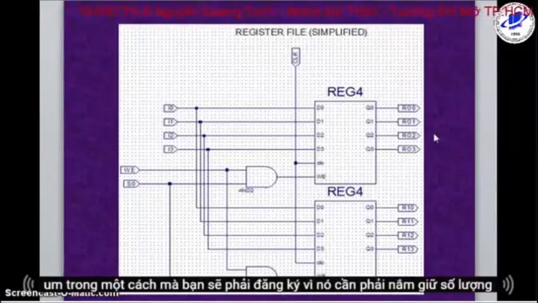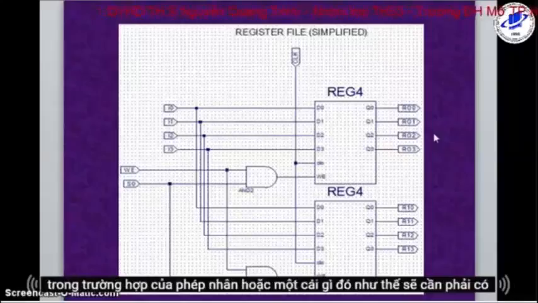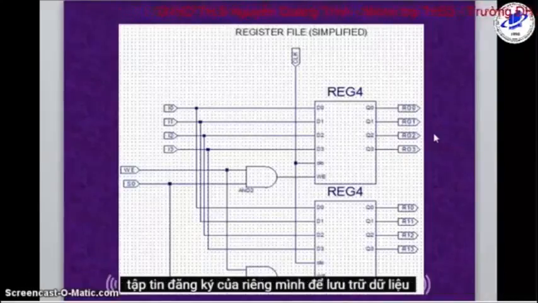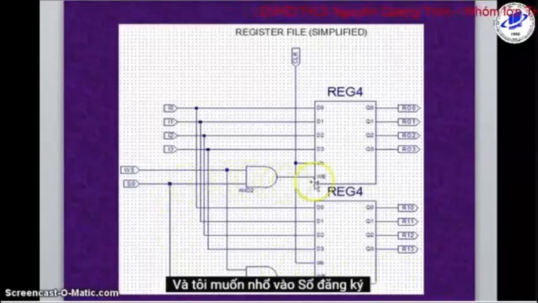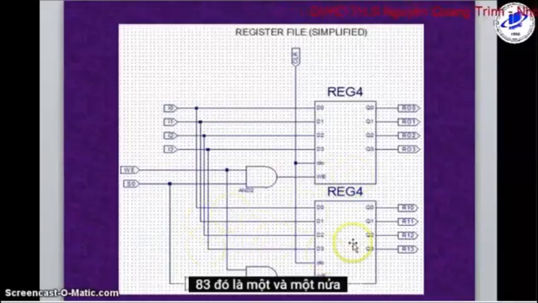For instance, if I were to have an ALU, it will have a register because it needs to hold a number. In the case of multiplication or something like that, it will need to have its own register file to store data. But let's say I want to take from the ALU and spit into the register a 3, and I have a 6.